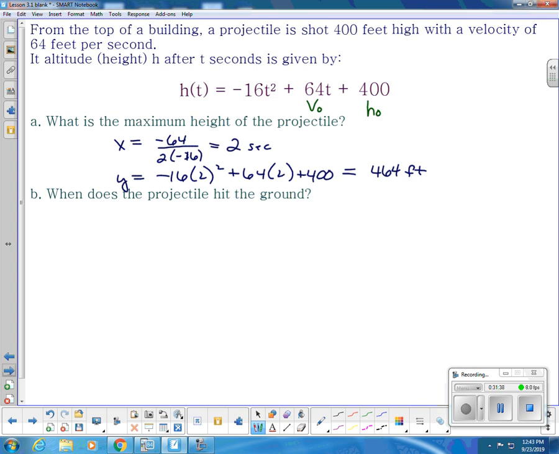Okay? So picture this. I'm starting at 400 feet when I threw this off. What is this? We're shooting something. It's going to go up and down. They want to know now, when does it hit the ground? So what is that in the graph? The x-intercepts, yes? So we have to solve.